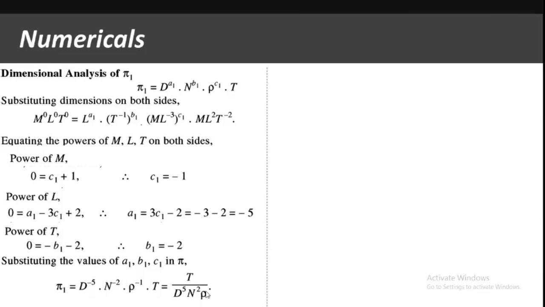After that, similarly we will follow all the steps for calculating pi2. So pi2 equals d to the power a2 n to the power b2 rho to the power c2 into mu.